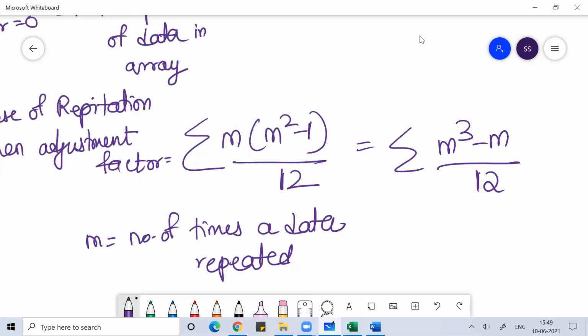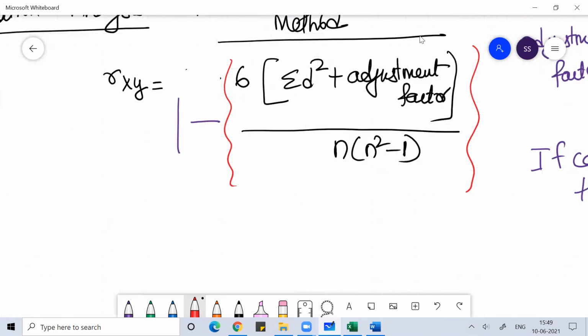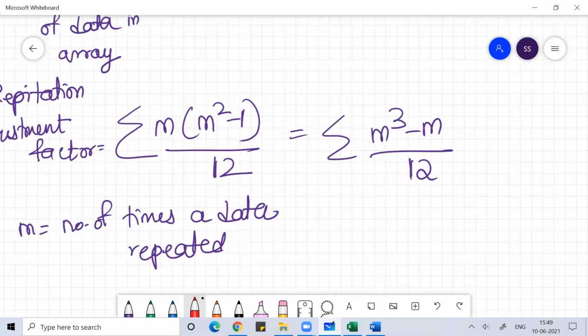That much maths everyone understands. In the denominator, many books write this as n cube minus n. So please do not get confused. Both mean the same thing. Clear, everyone?